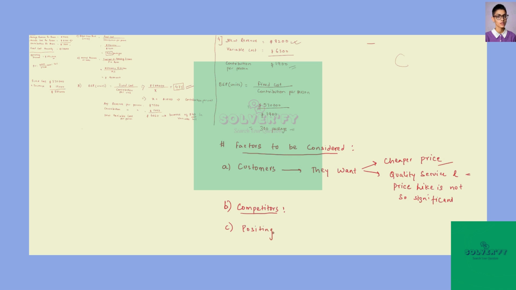What is the status of the position of our product, whether we are already an established brand. If we are already an established brand, then we have customers who are loyal to our brand, and as a result, if we increase our price, that loyalty will retain them and we are not going to lose our customers. So we have to see these various parameters before increasing the price.